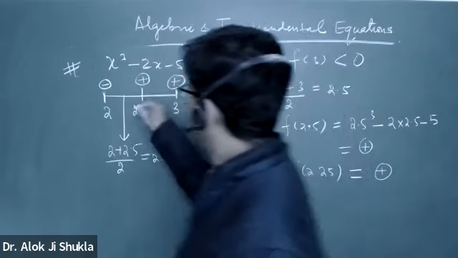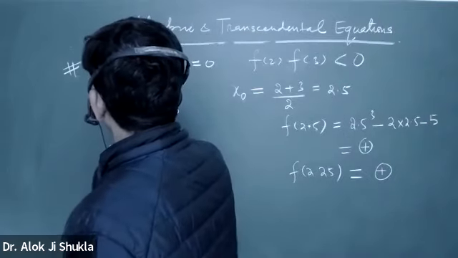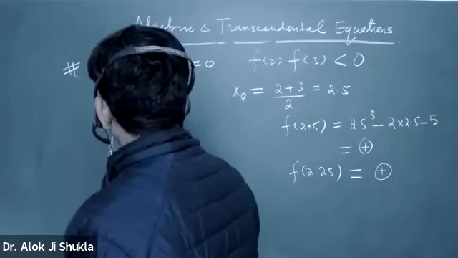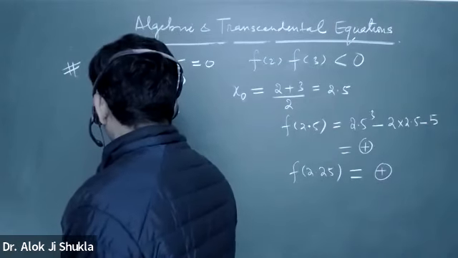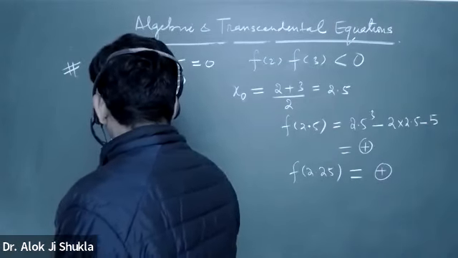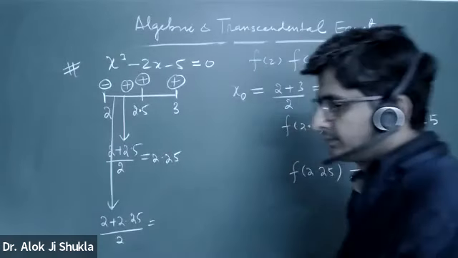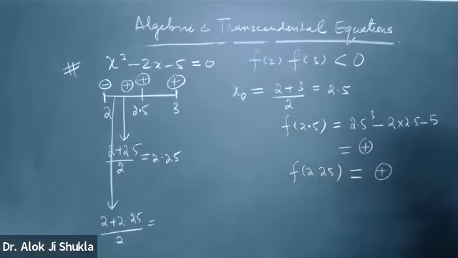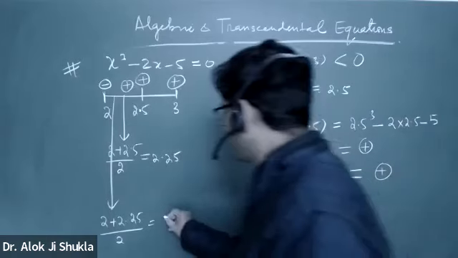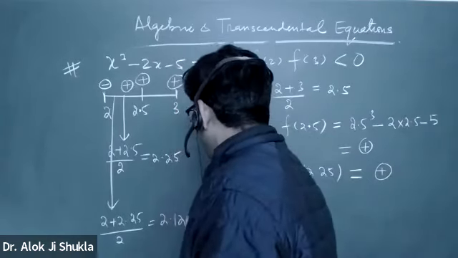So that means this is also positive. So next number is here. That means 2 plus 2.5 by 2, that is equal to 2.125.